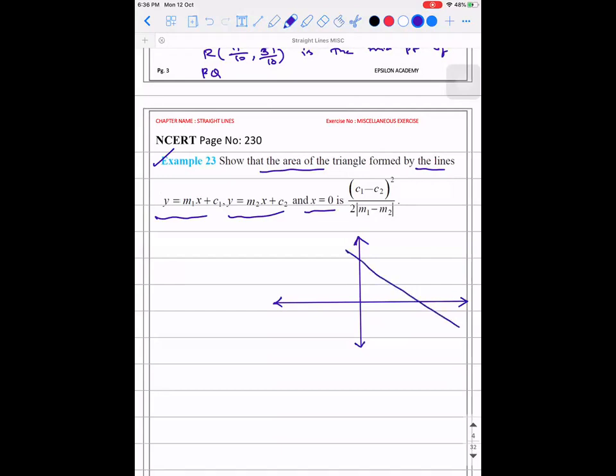So y = m1x + c1. Similarly, y = m2x + c2. Observe, y = m1x + c1.